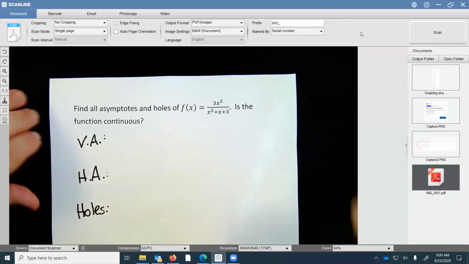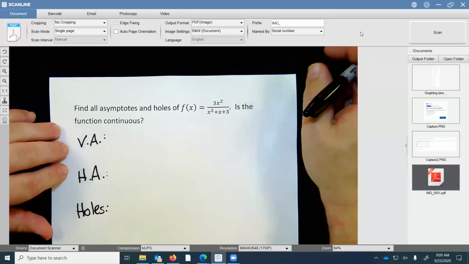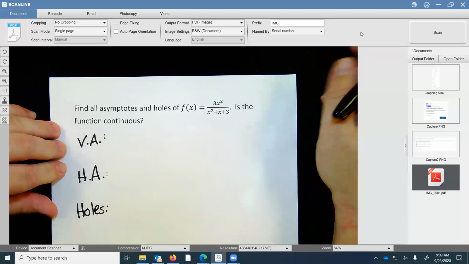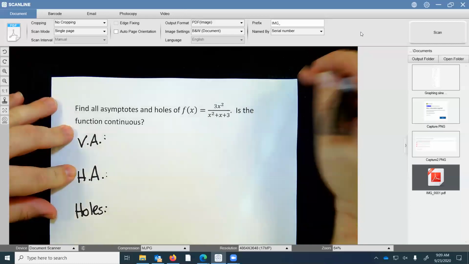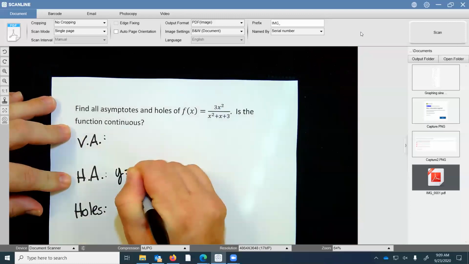What's the easy one to find? The horizontal. Because we know that the degrees are the same, so what's the horizontal asymptote? Y equals 3. It's a ratio of 3 over 1.